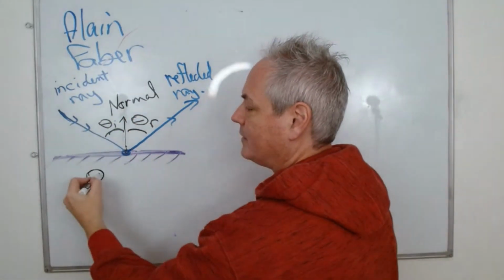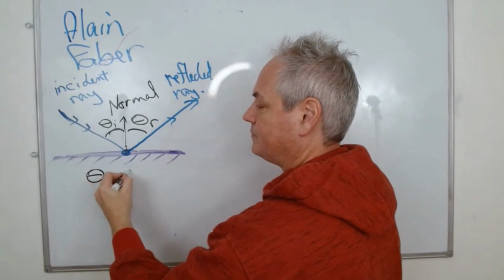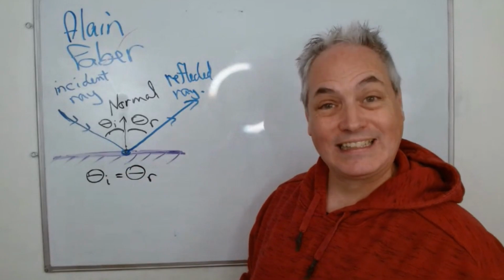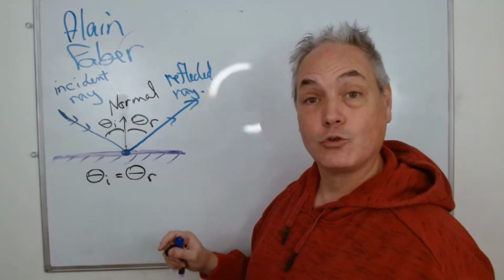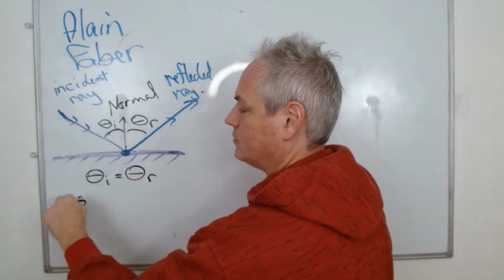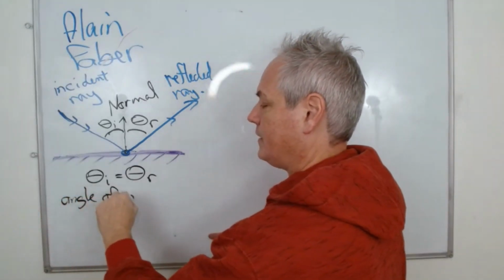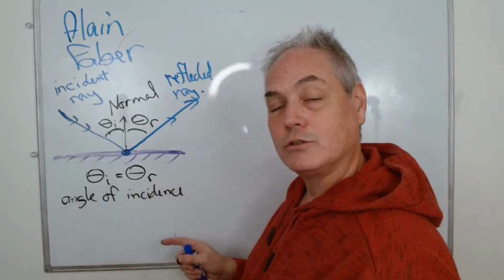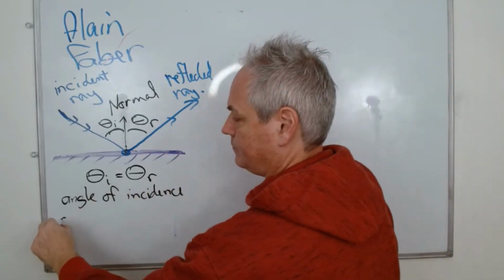What we have here is these two angles that are exactly the same. So let's see if I can write down this vocabulary for you. So we have angle of incidence and angle of reflection.